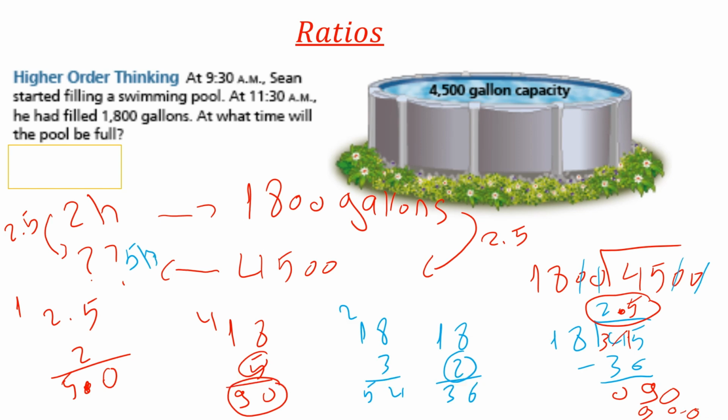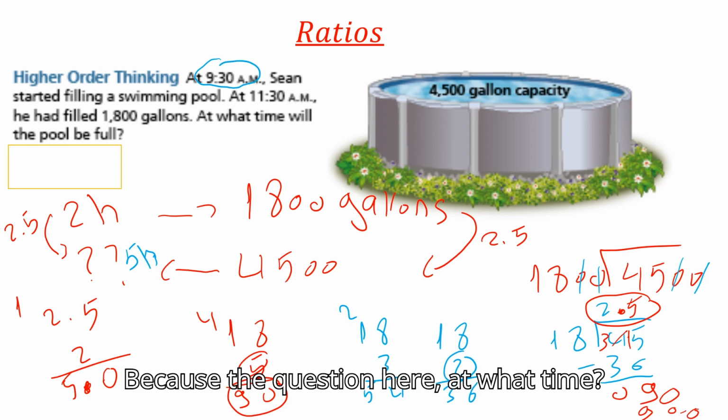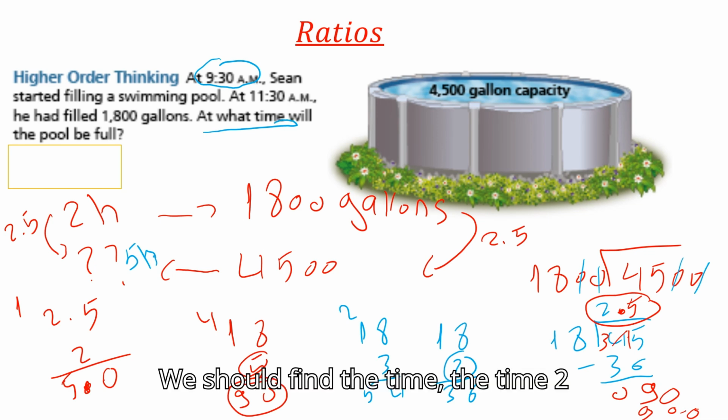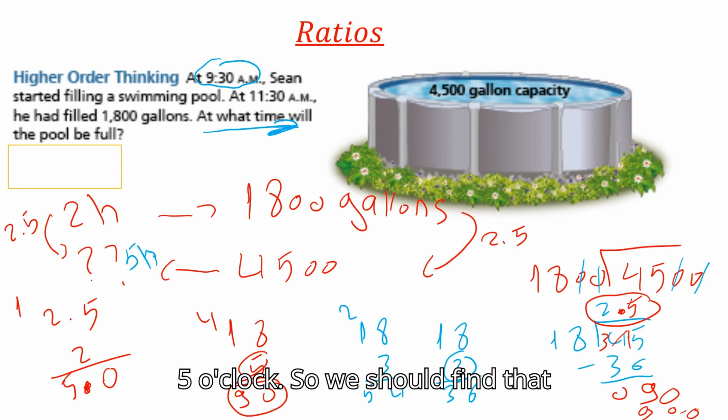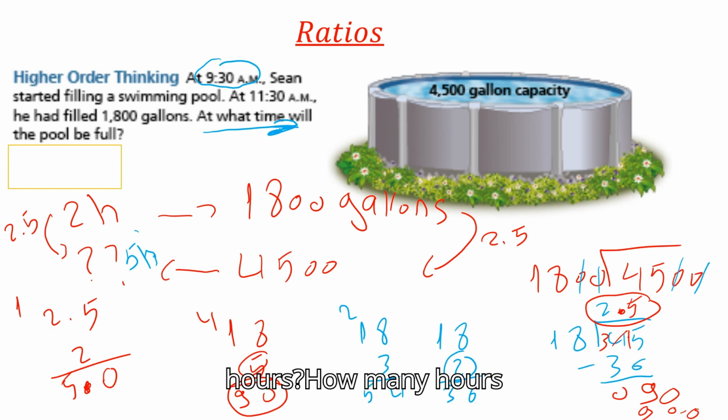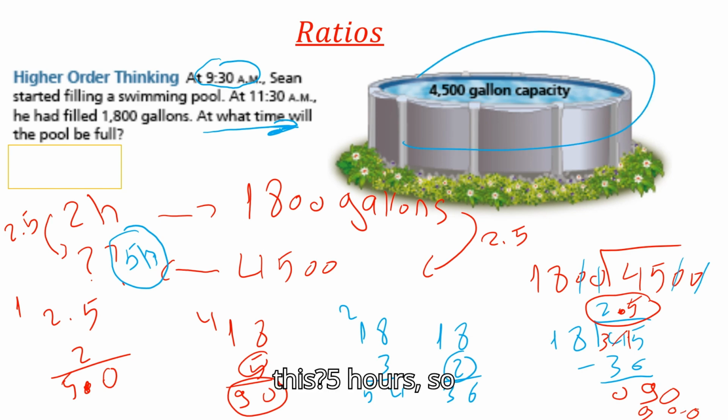So this means count 5 hours from 9:30. Because the question here is, at what time? We should find the time. The time could be 2 o'clock or 3 o'clock or 5 o'clock. So we should find that time. Here we have how many hours to fill all this? 5 hours.